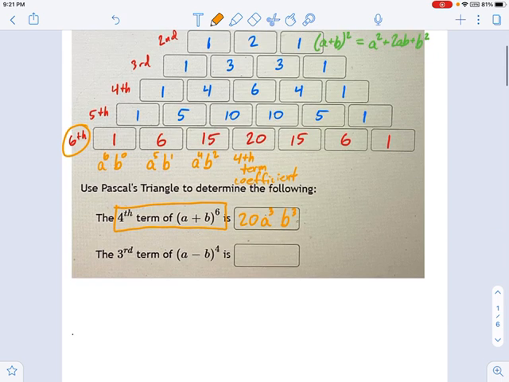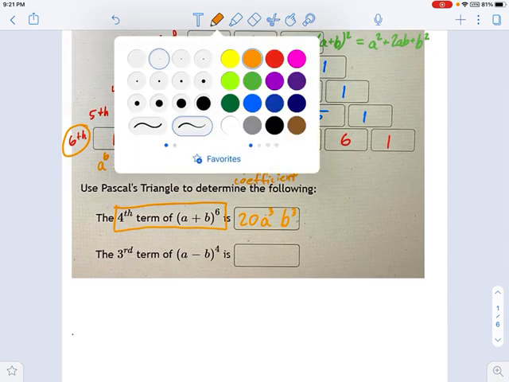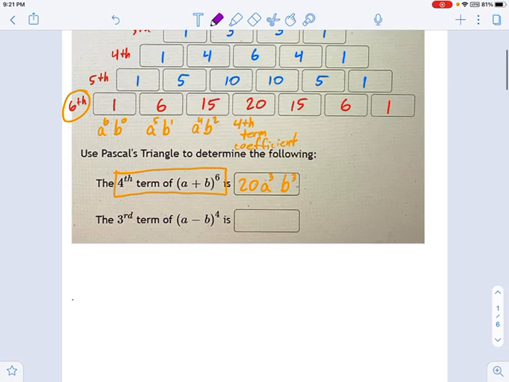Now, what if things are not as simple as just a + b? Right? And I'll do a quick example here. What if we wanted to give the full expansion of, I was about to write x + y, but that's really not any different. What if I said 2x - 3, and I want to raise that to the 4th power?